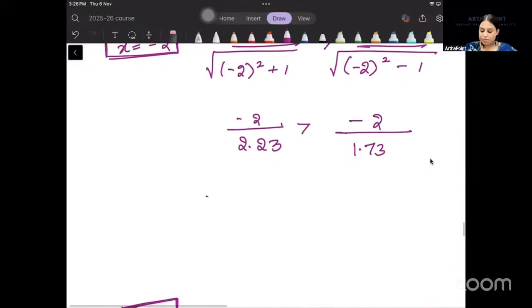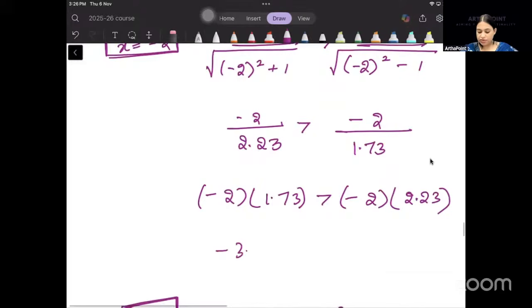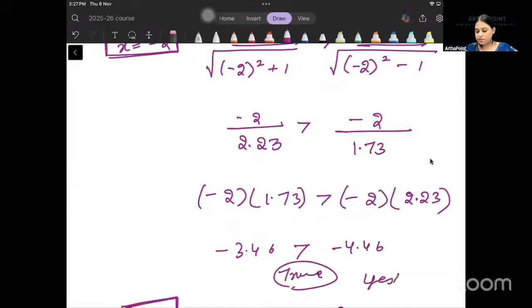So you get minus 2 into 1.73 greater than minus 2 into 2.23. So 1.73 into minus 2 is minus 3.46, and 2.23 into minus 2 is minus 4.46. Is this true? Yes.